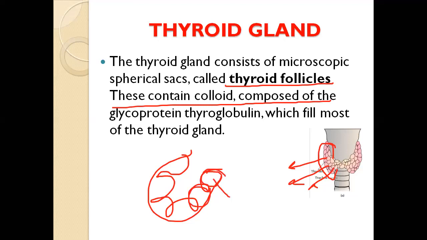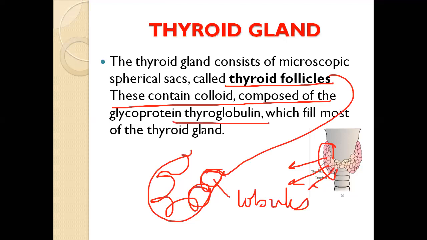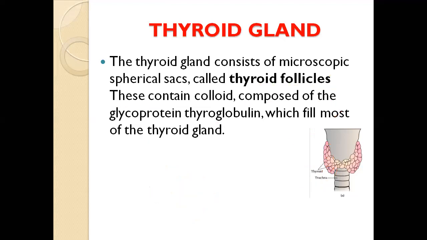We can use the word lobules or follicles. They contain colloid composed of the glycoprotein thyroglobulin, which fills most of the thyroid gland.